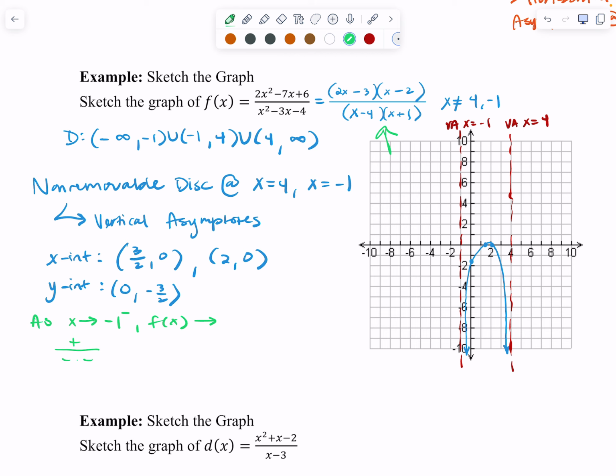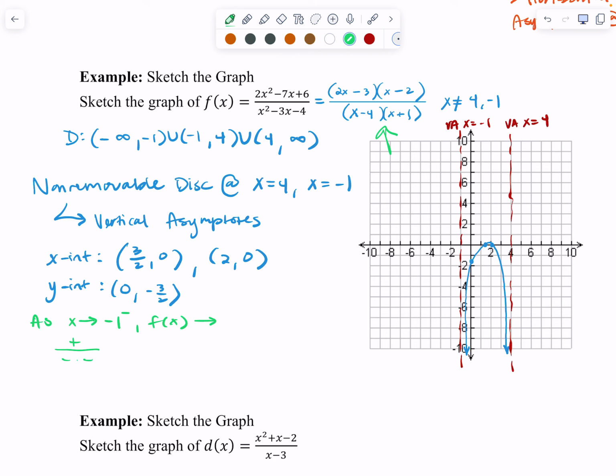But the way that I thought about it is if these are the two x-intercepts, both of those zeros that correspond to the x-intercepts have multiplicities of 1, so it crosses straight through. So I knew that for the graph to only cross through those two x-intercepts there, and with these vertical asymptotes, the graph's either going to have to be kind of the U shape pointing down or pointing up.